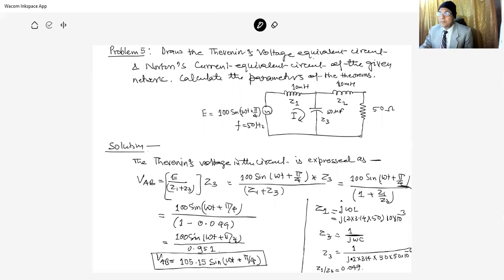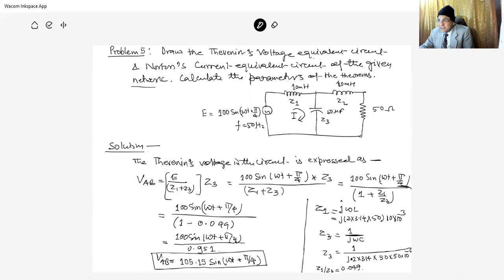Now, problem 5: draw the Thevenin's voltage equivalent circuit and Norton's current equivalent circuit of the given network. Calculate the parameters of the theorem. Here the source E is 100 sine omega t plus pi by 4, and f is 50 hertz.